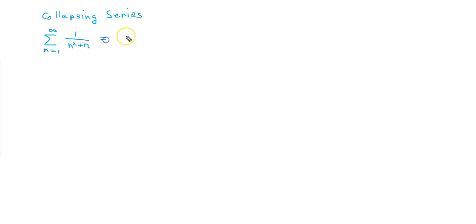Let's write this, doing a little bit of algebra, as follows. So we just factored out an n from the denominator. Now what we're going to do is try to use the partial fraction technique on this, and we're going to try to write it like this.